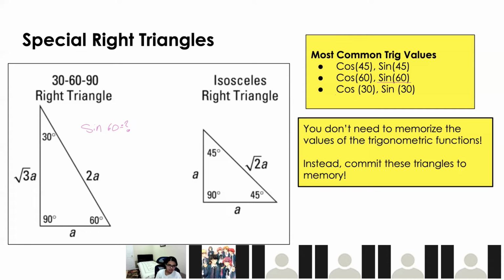Because we know sine of, so let's draw another right triangle right here. Opposite, adjacent, hypotenuse. So sine of A is equal to AD over H.